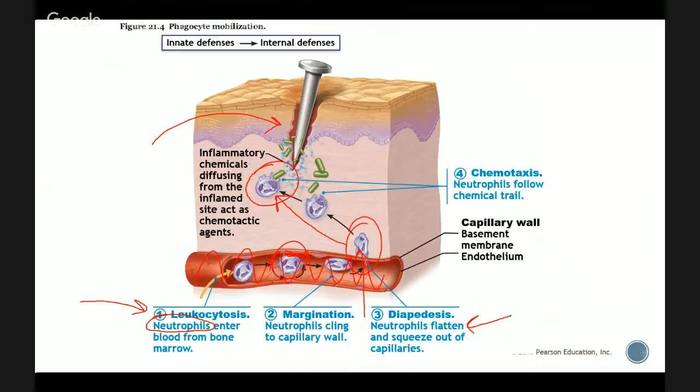As those bacteria are neutralized, the remnants of that, along with the white blood cells as they start to die off, hang out in that area. And if you get enough of that going on, you get the formation of what we call pus.